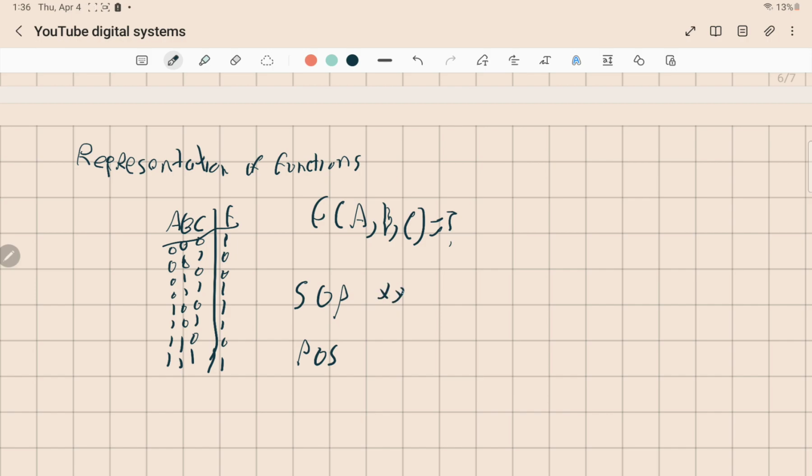So x y plus x not y, that's just an example, plus x y not. So that's a sum of products. Product of sums is two sums or more times each other. So x plus y times x not plus y. That's POS.